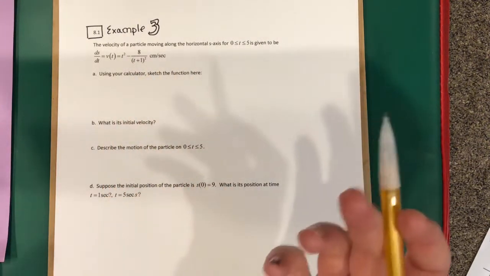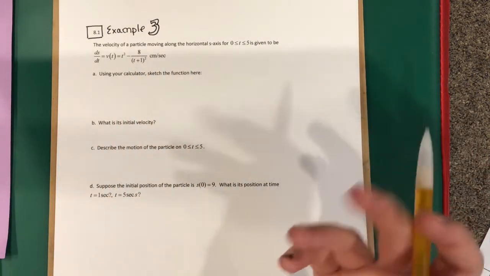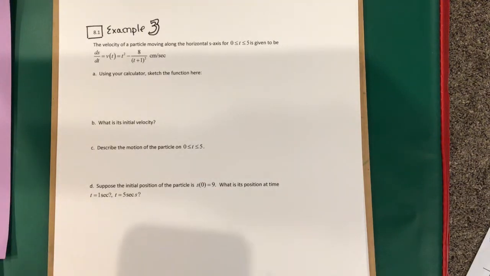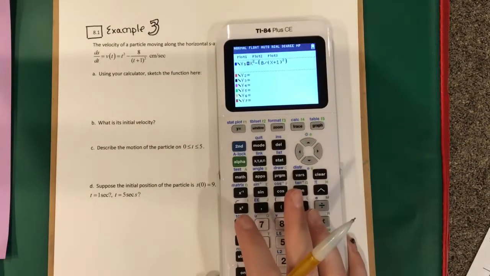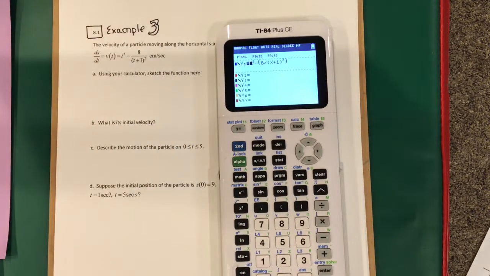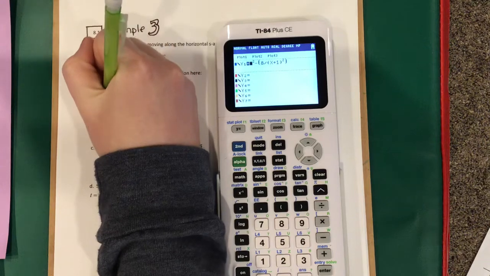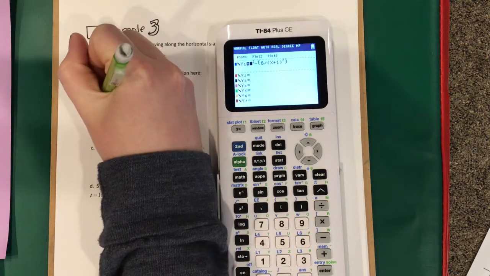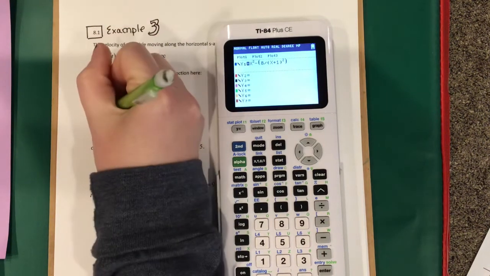And the question is telling us to use our calculators to sketch this. I've already actually put it in my calculator. So I'm a step ahead, but feel free to pause this as I go through it and you can get caught up. So as I go through this problem, I already know kind of what I'm looking at here.